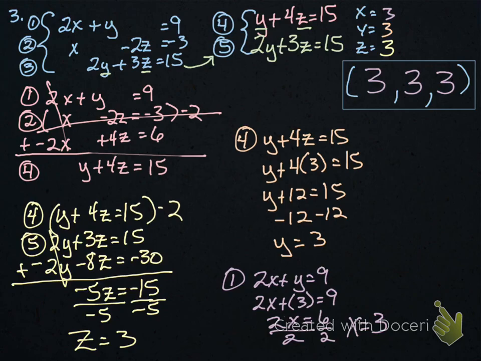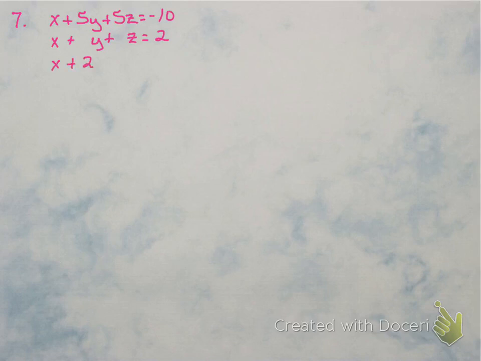Problem 7. X plus 5y plus 5z is -10. X plus y plus z is 2. X plus 2y plus 3z is -3.